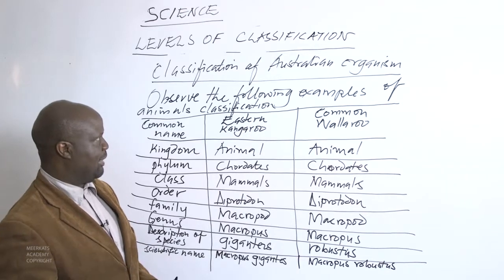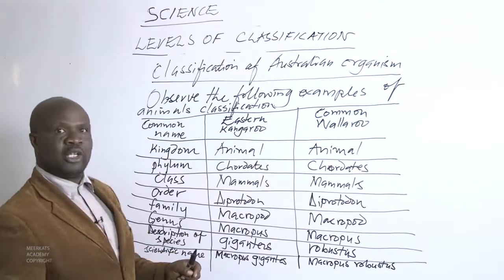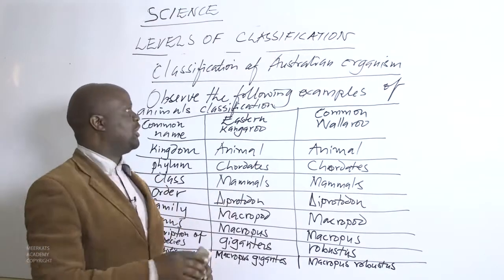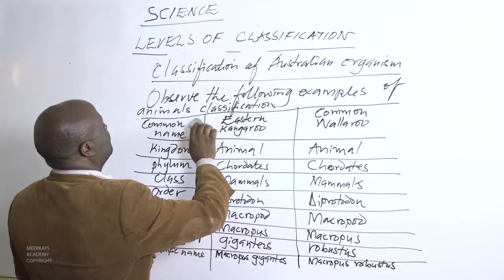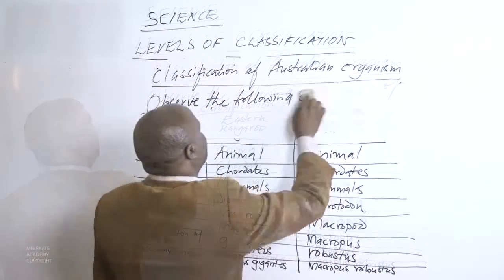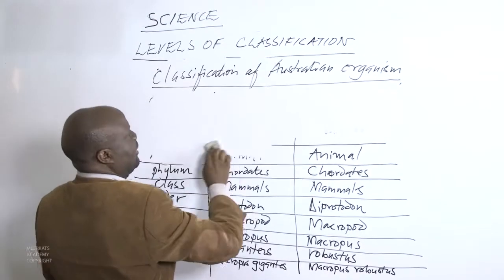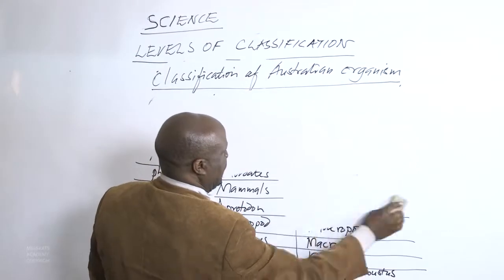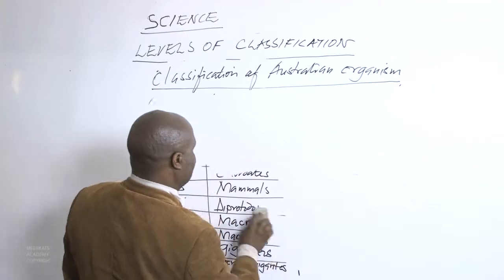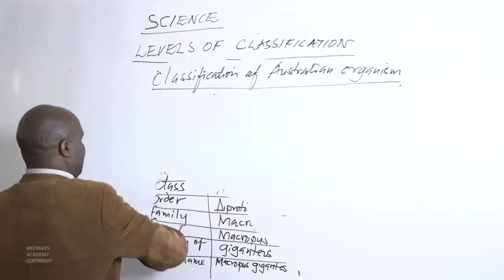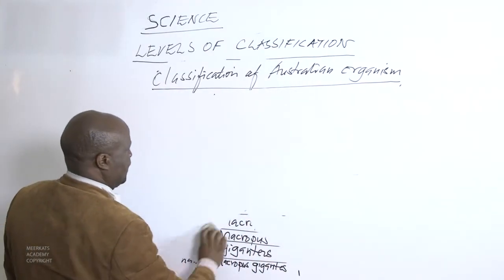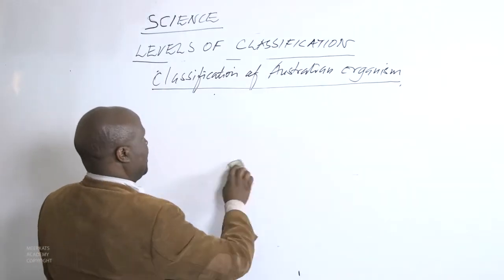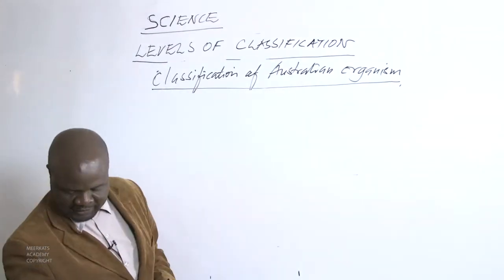We can see other animals also before we look into another example where we are going to see the plants. Let us observe now another classification. We classify other organisms that happen to be in the same animal kingdom, and we see how we can see their differences.